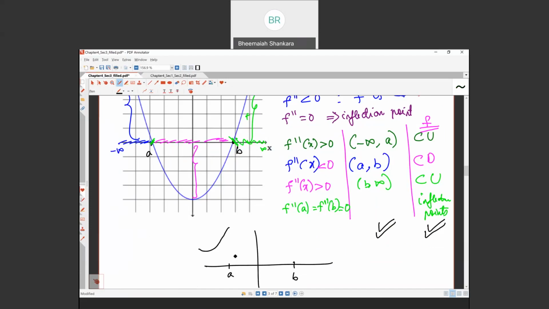And then from a to b, it's concave down, so you bring down the curve. And then from b to infinity, it's concave up, so you rise up the curve. So you're seeing a concave up curve here, a concave down curve here, and again a concave up curve here.